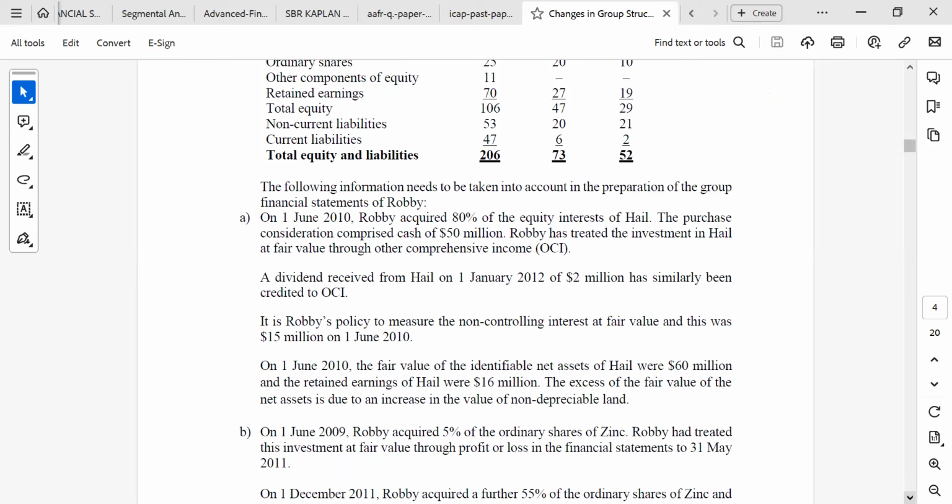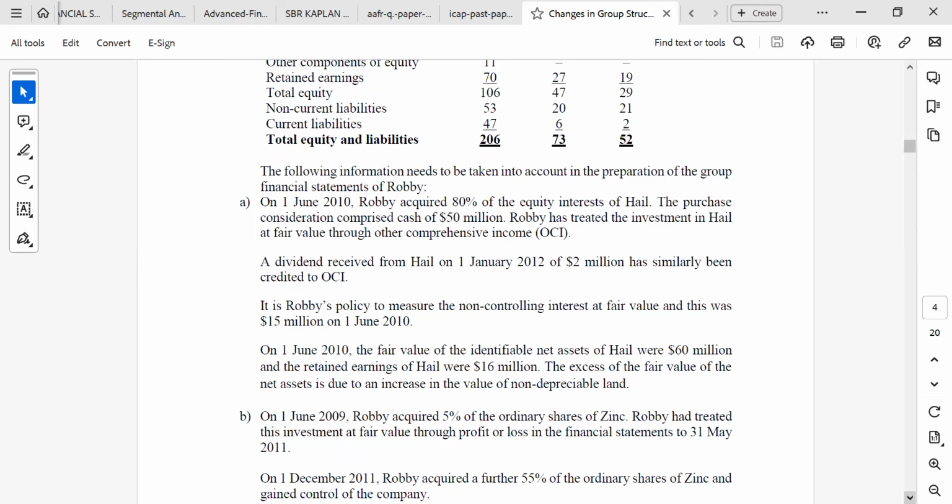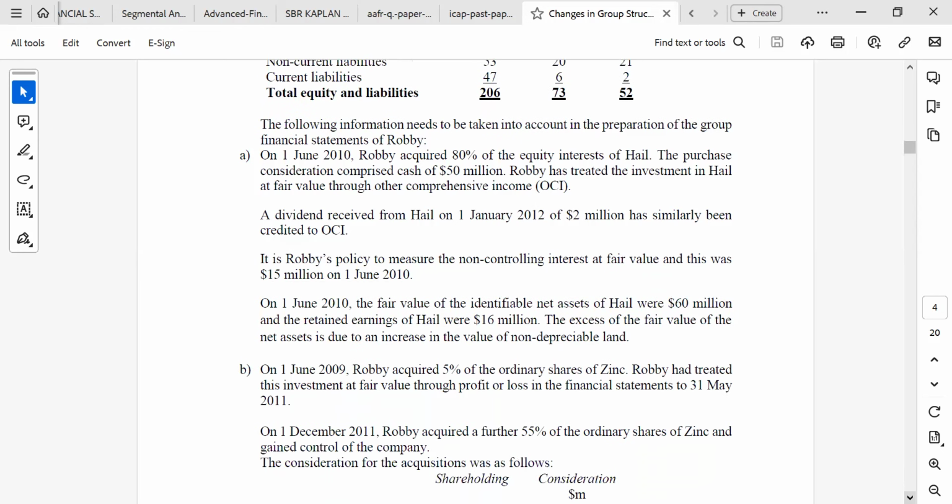You look for the supposed net assets with your normal calculation: the share capital at acquisition, the retained earnings at acquisition, the other components at acquisition. Then you compare with the net asset figure given to you by the question. The difference over there will be a non-depreciable or a depreciable item.